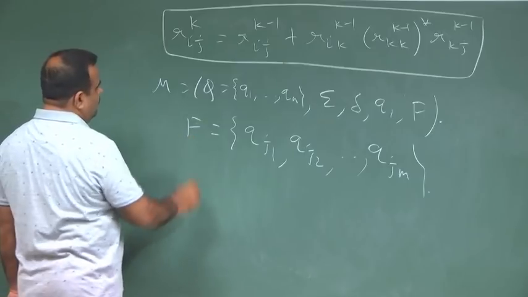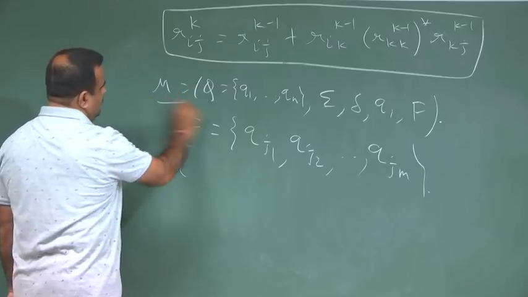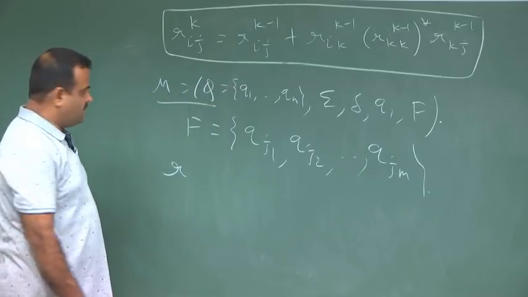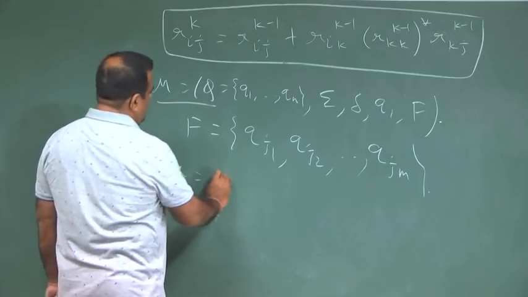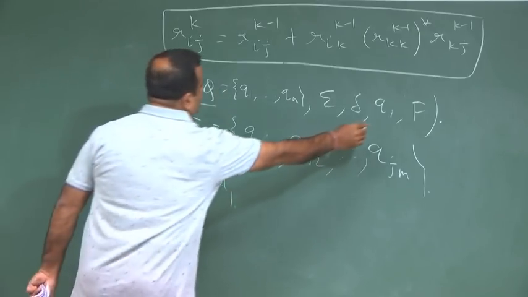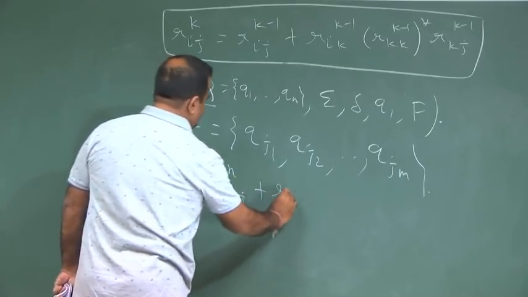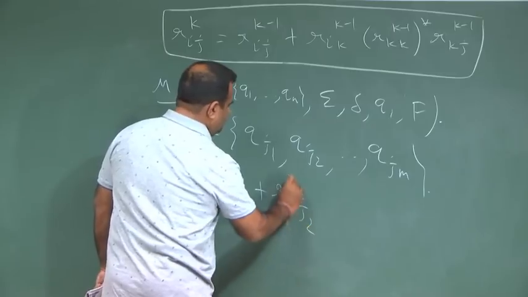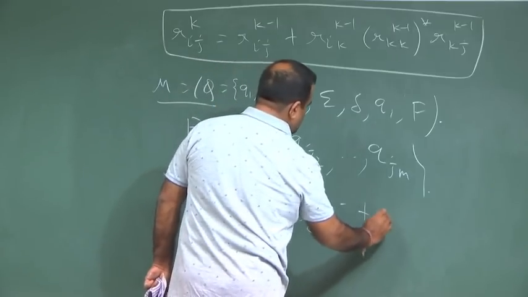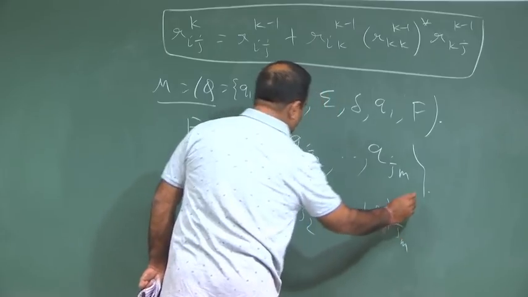Then basically the regular expression which is accepting the language of this DFA is nothing but R_1j1^n plus R_1j2^n plus dot dot dot R_1jm^n, because 1 is the starting state.